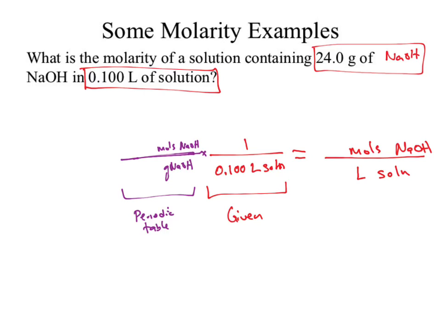That's the periodic table. Periodic table says 23 for sodium. I'm rounding. Oxygen is 16. Hydrogen is 1. 40. 40 what? Grams. Half right. Grams of sodium hydroxide.